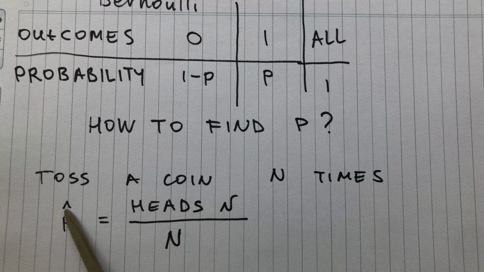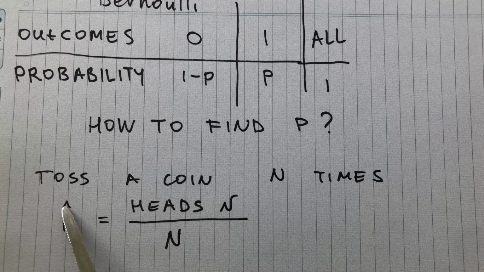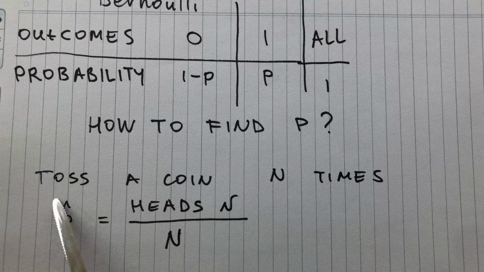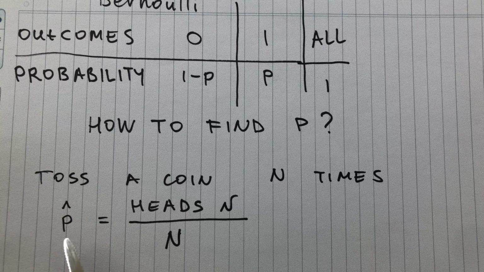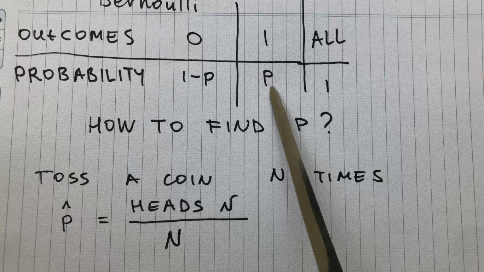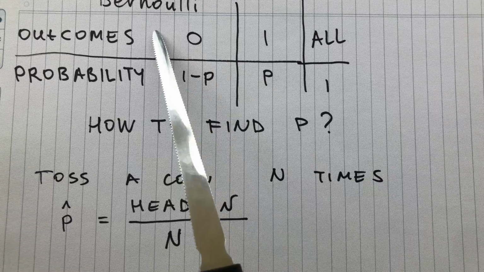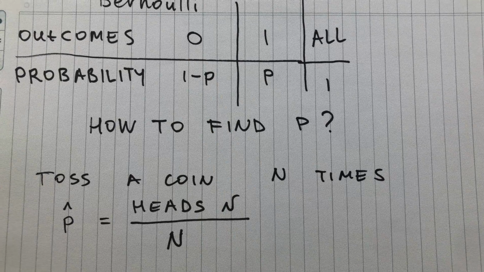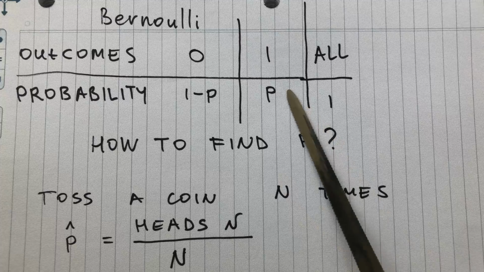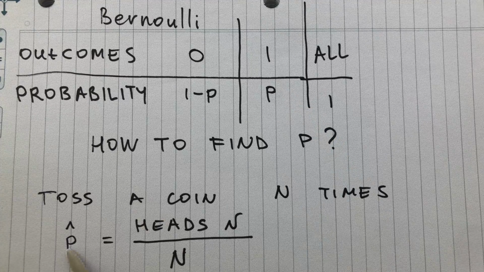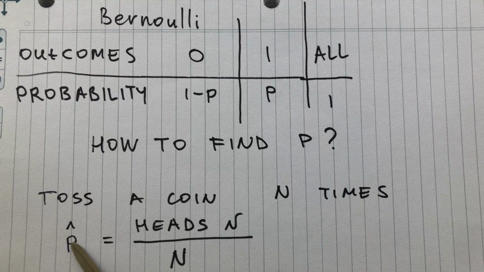In statistics, as you probably remember, we use a hat symbol to denote the estimated quantity. So p would be the true probability of this Bernoulli distribution if we knew it, but in this case I'm assuming we don't know it and we're trying to estimate it statistically.